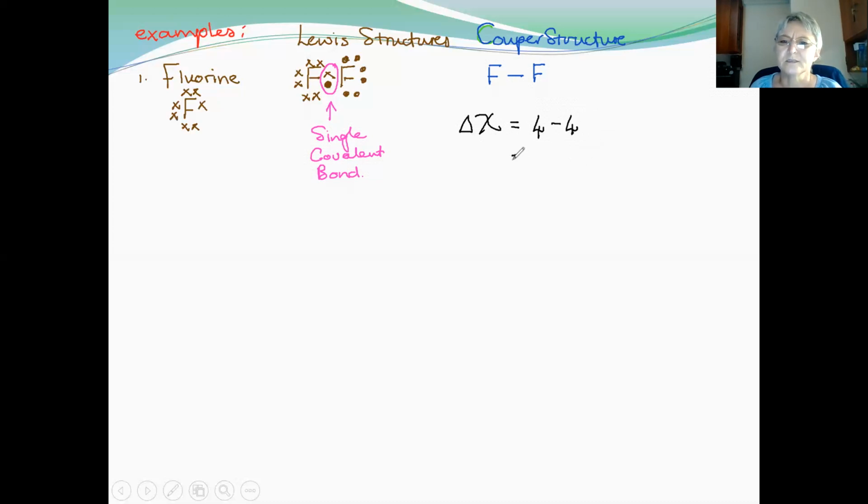It means that the difference in the electronegativity, 4 minus 4, is 0. And the implication is that you have a pure covalent bond. And it means that the electrons are shared equally between atoms.